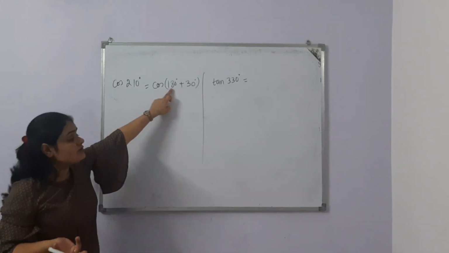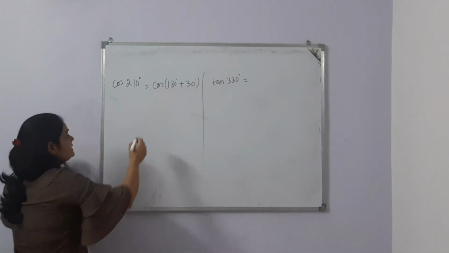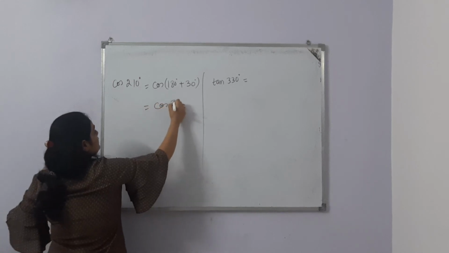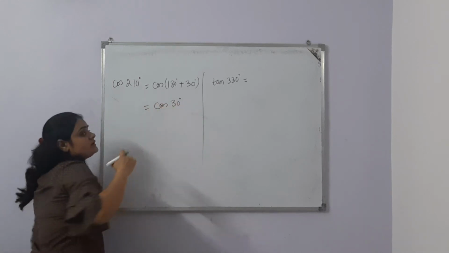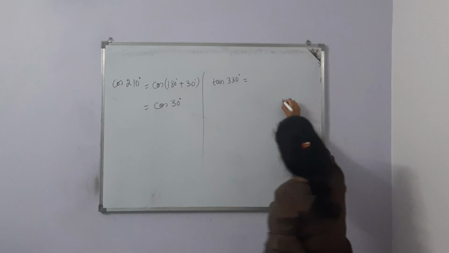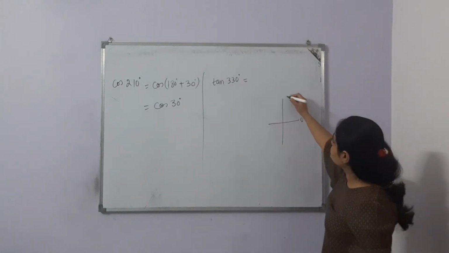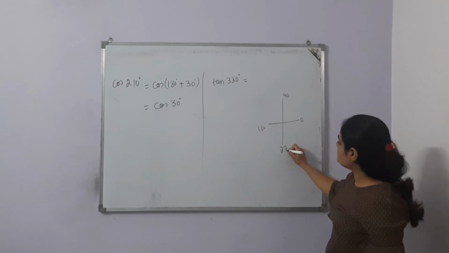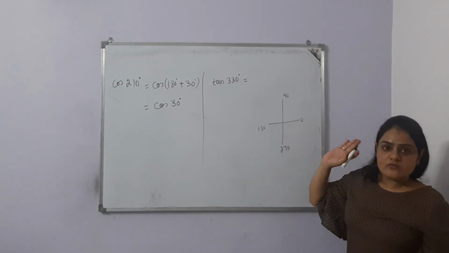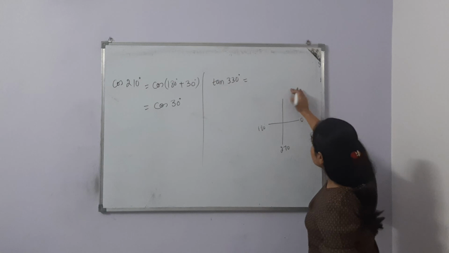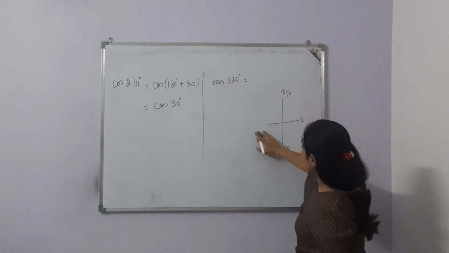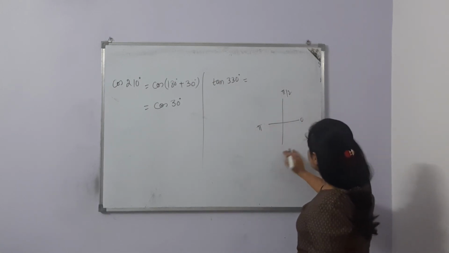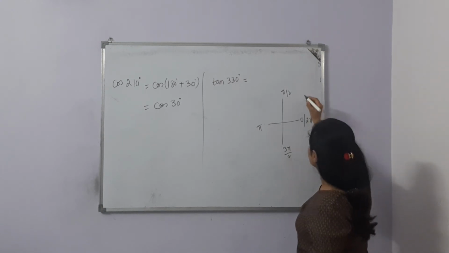Here the angle is in terms of pi, so cos will remain cos 30. But what about the quadrant? This is 0, 90, 180, 270, or if you want to write the angles in radians, this is pi by 2, this is pi, this is 3 pi by 2, 2 pi.